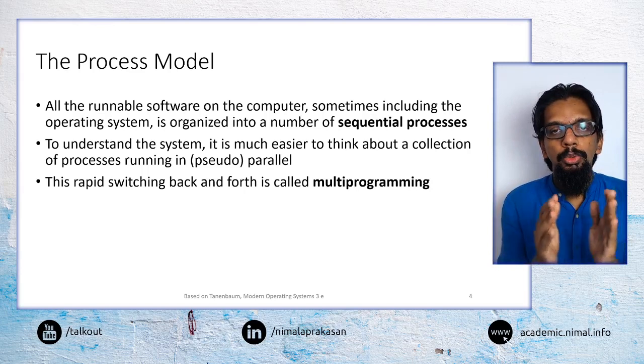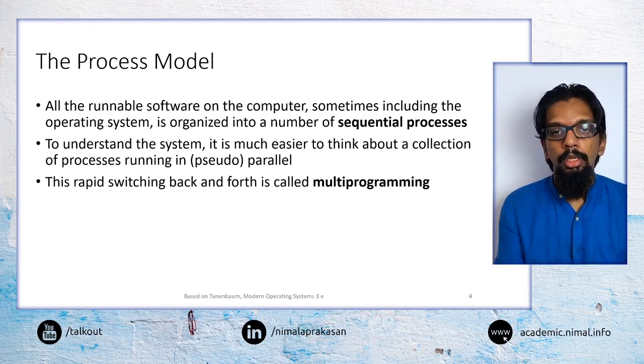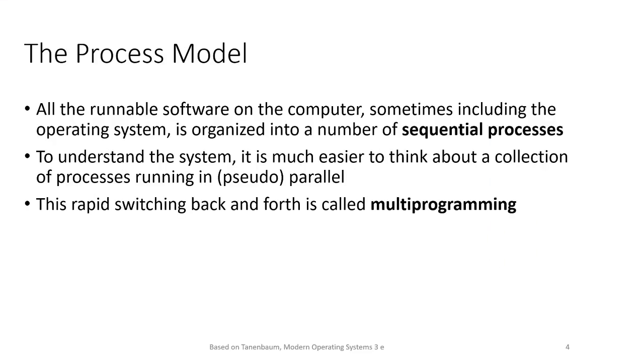And they do that by switching between these processes from time to time. So we can have a computer where we have a number of programs available and we are running them all at once.